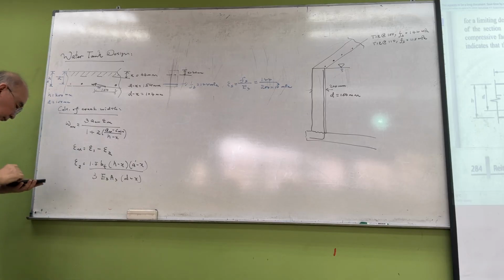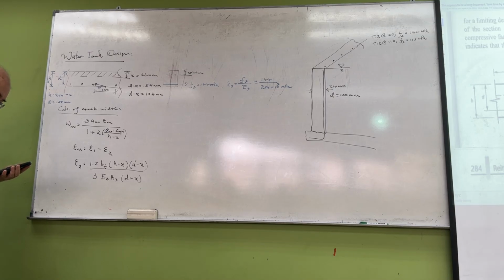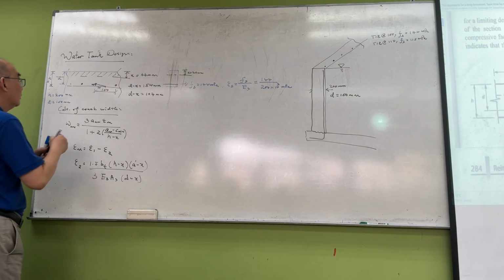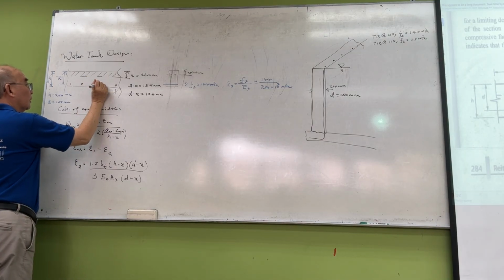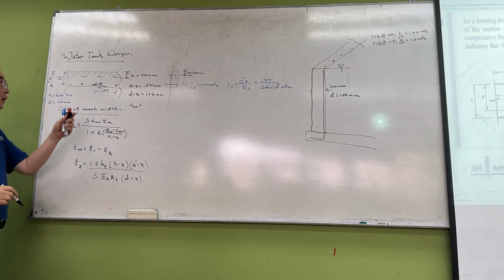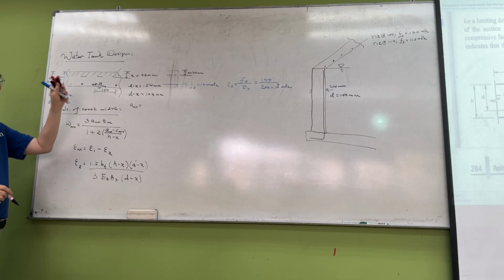this should be the square root of 75 squared plus 46 squared. That should give me 87.98, so let's say 88. Now, A crack is not 88 because 88 is from here to the center line of the rebar.